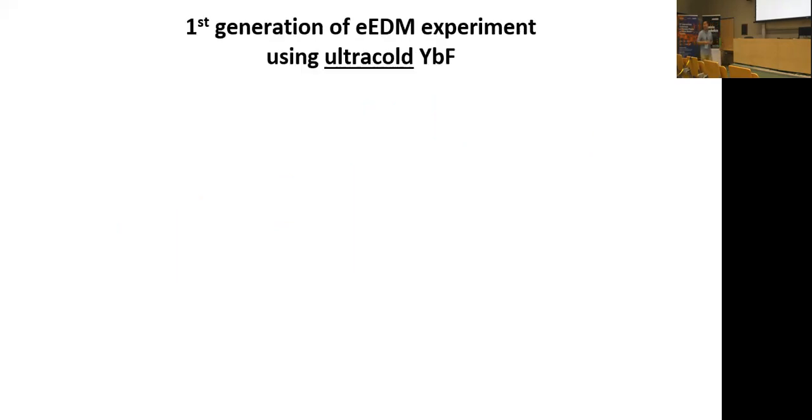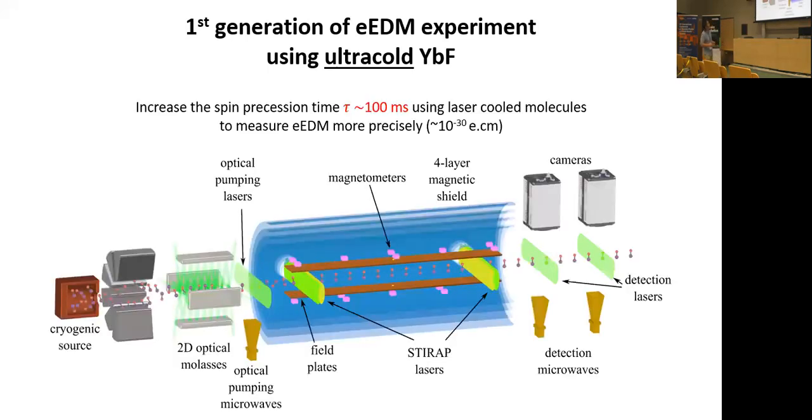So what's the plan? Our plan is to massively increase the spin precession time by using ultracold molecules. We think there could be two good ways. One way is still based on the beam experiment. Here, laser cooling in this transverse axis gives us a very highly collimated beam, which can travel for a long period of time without diverging.